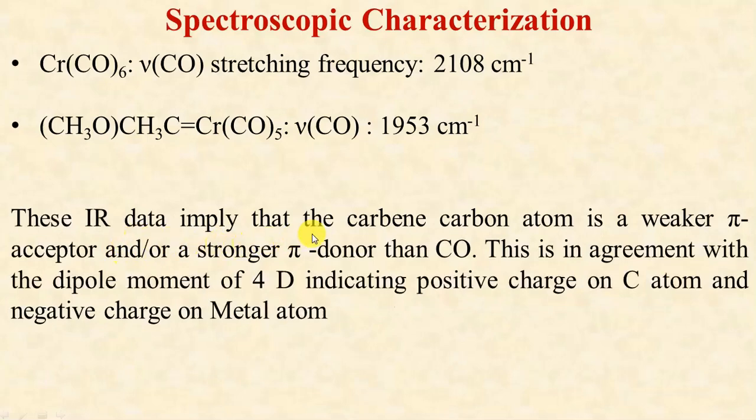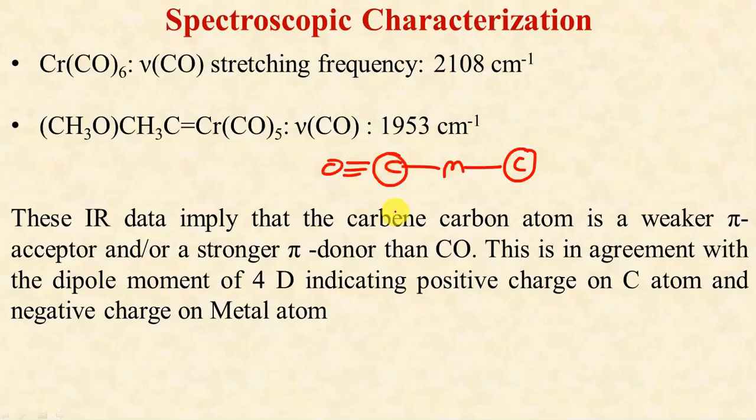So the IR data implies that the carbene carbon atom is a weaker pi acceptor. As I told you, mainly electron density from the metal is not transferring to the carbon atom of the carbene, but is now transferring very strongly to the carbonyl carbon atom.